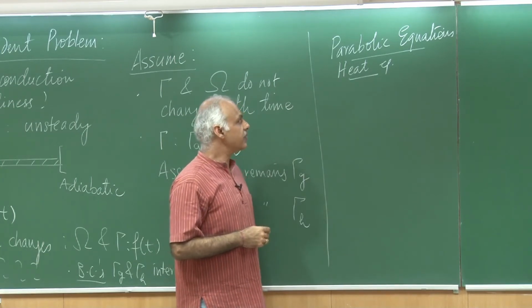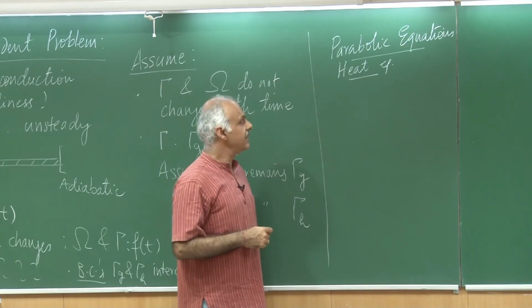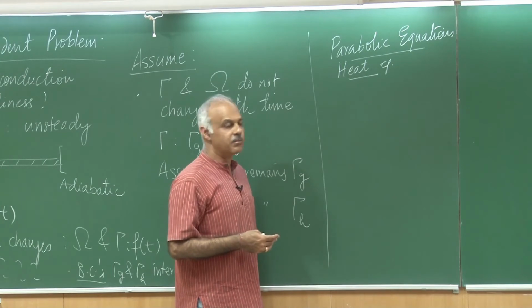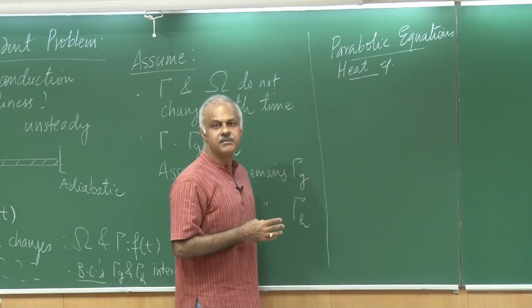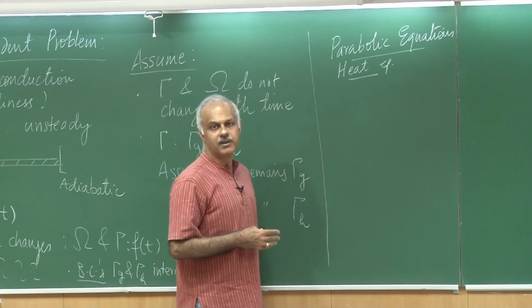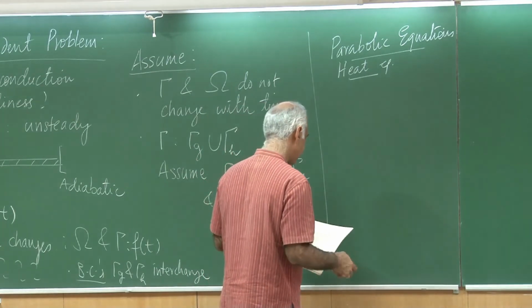Okay. Of course, if I go to higher dimensions, maybe 2 or 3 dimensions, then the conduction part of it, the spatial part of it is elliptic, but the interplay between the time and the space would still remain parabolic. So, it is in that sense we are looking at these equations.